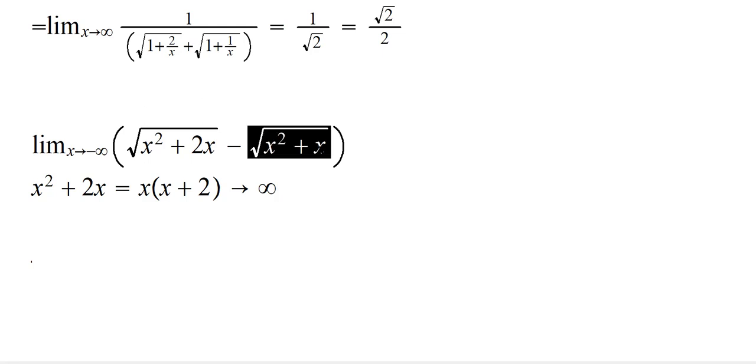And in the similar manner, this quantity will also go to infinity. So again we have an infinity minus infinity form as before. Okay, let's call it an indeterminate form, and so we will have to just work with some other method.